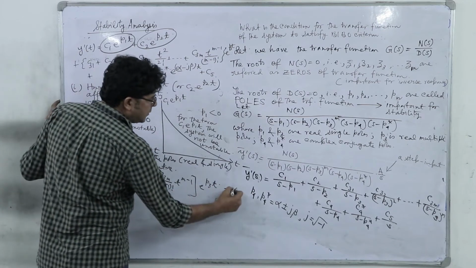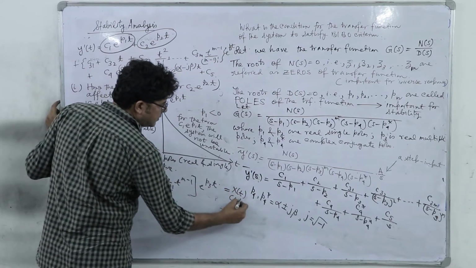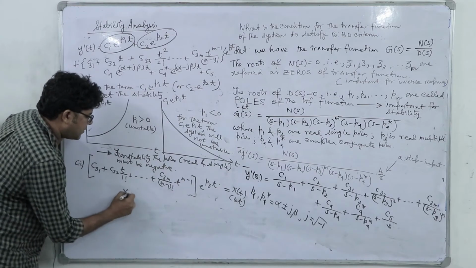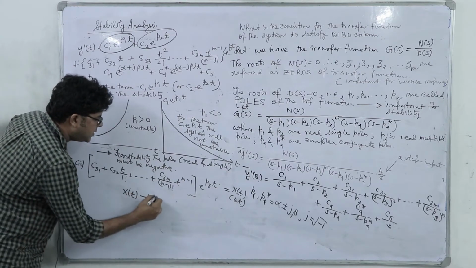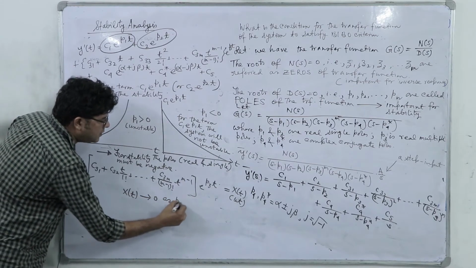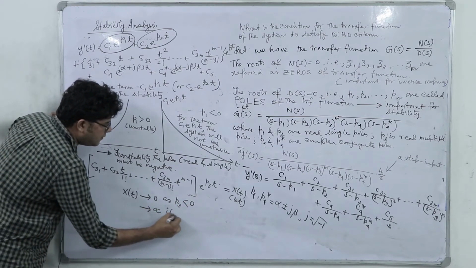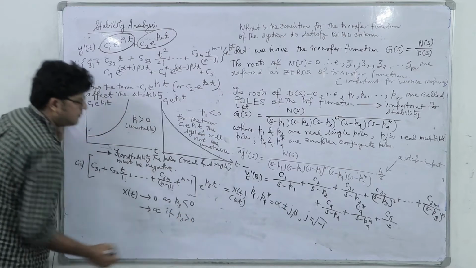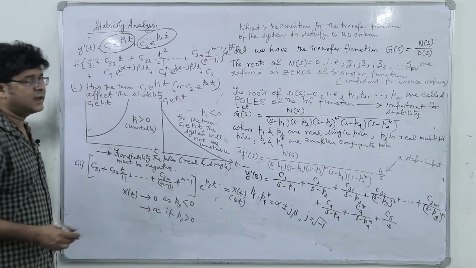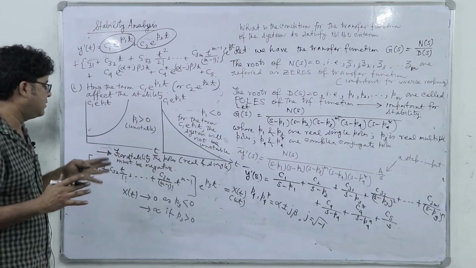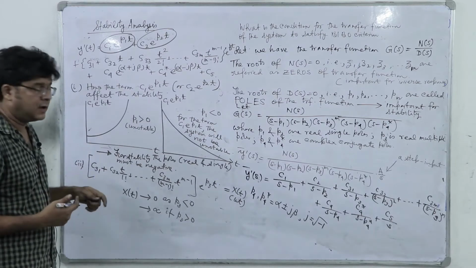Let this be capital X(t). Now, capital X(t) decays to 0 as p3 is negative and grows to infinity if p3 is positive, because the exponential term in the product function will dominate the overall trend of this function.